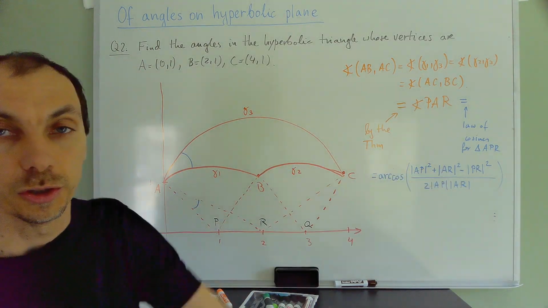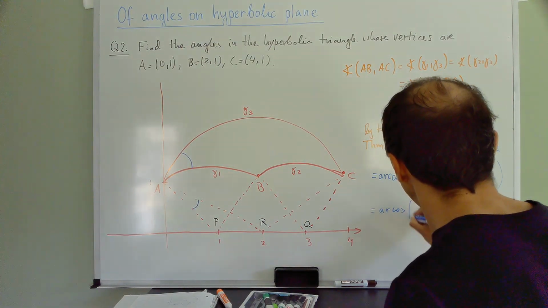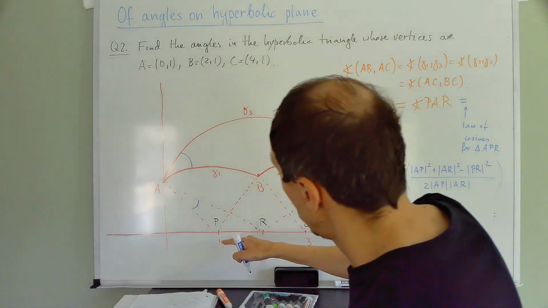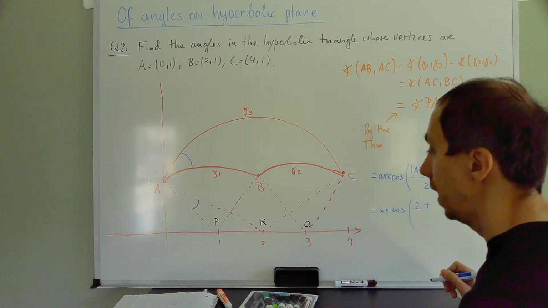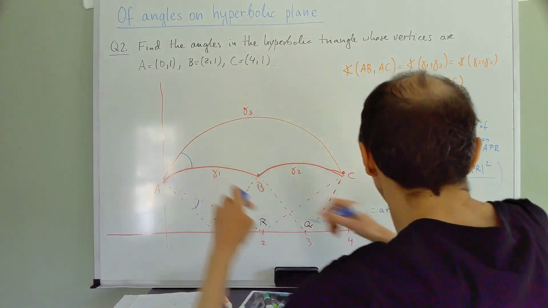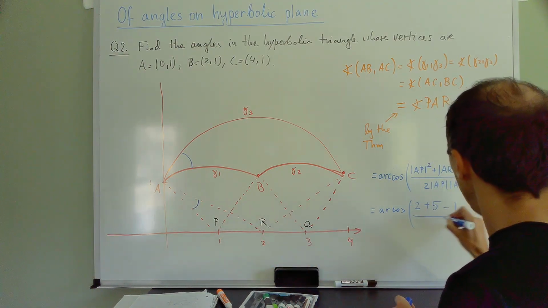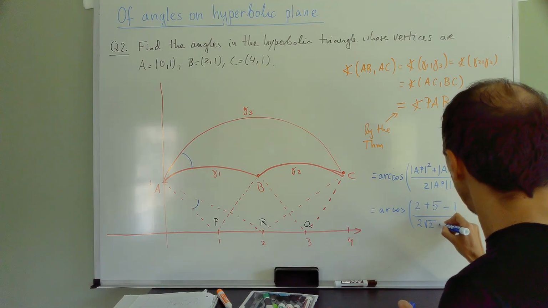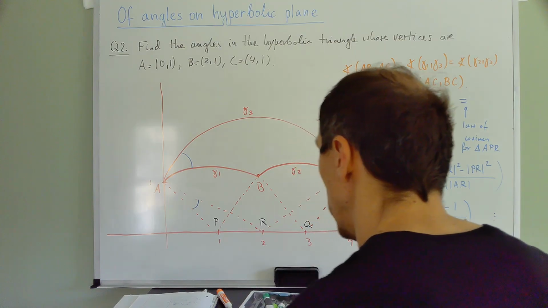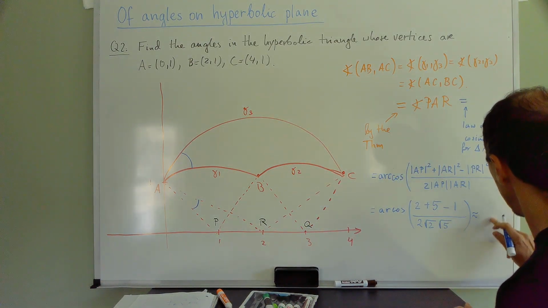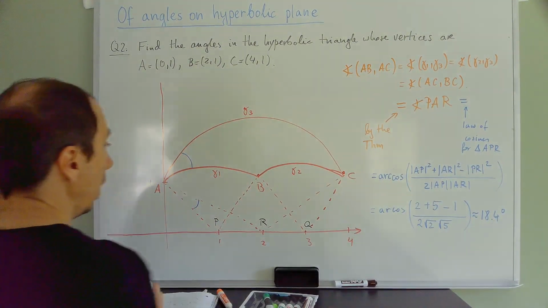So what is this? This is arc cosine of: AP is (1, 1), so AP squared is 2, plus AR squared, (1, 2), so that's 5. PR, that distance is 1, divided by 2 radical 2 radical 5. And if you use a calculator, that's approximately 18.4 degrees. So these two angles are actually 18.4.